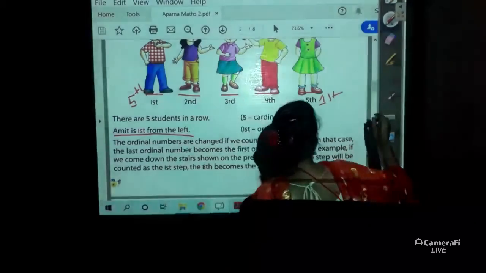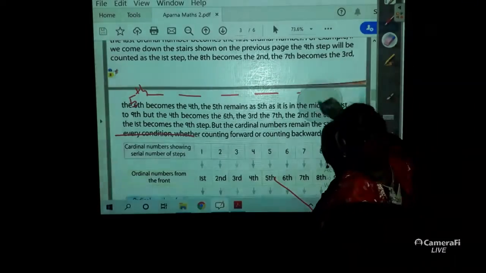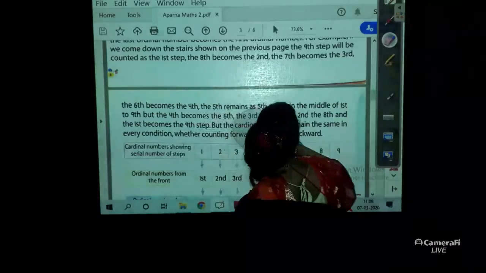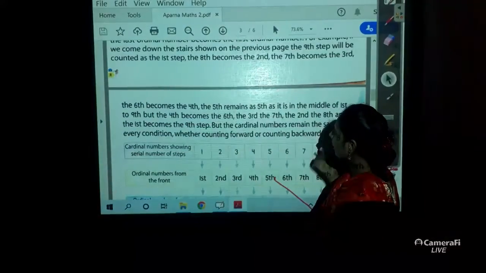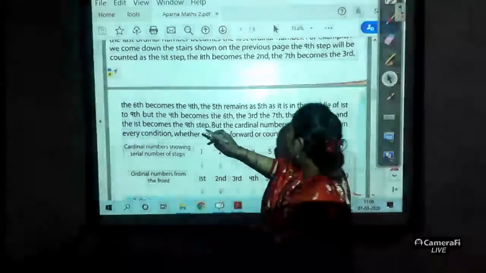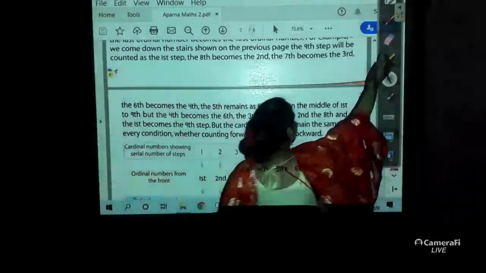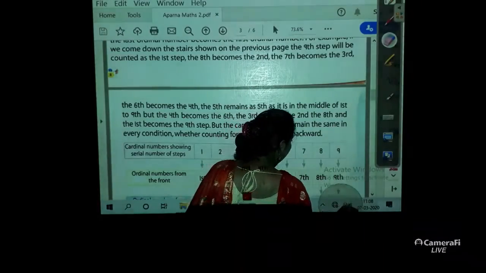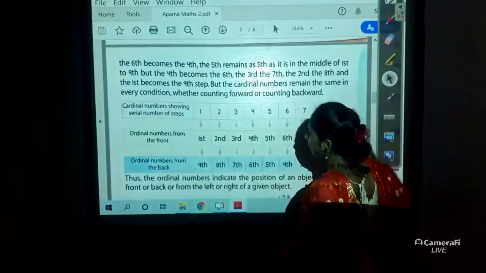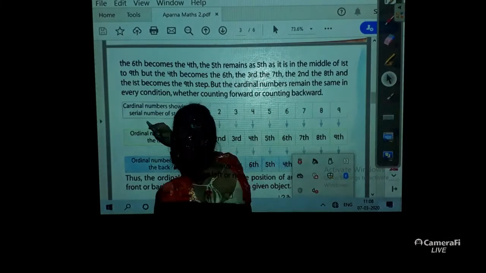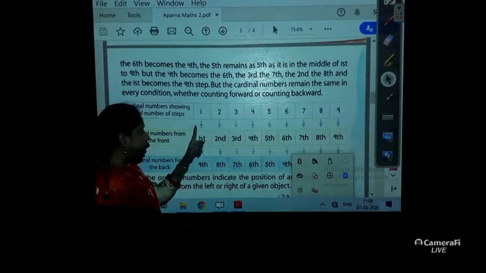Now I am going to show you the picture. The 6th becomes the 4th, the 5th remains in the middle of the 1st to 9th. Now I'm going to show you the numbers, cardinal and ordinal. Cardinal numbers show the serial number of the step. 1 means first.